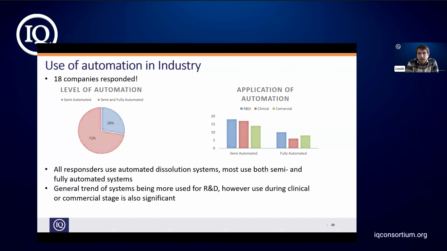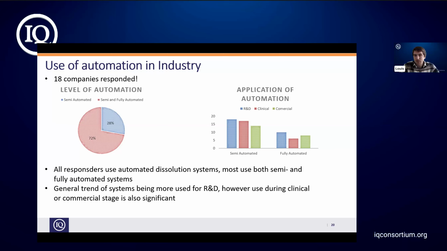I would say that even the use of fully automated systems seems to be quite widespread in the industry. Then if we look at the right graph, that's where we actually asked responders in which phases they apply automation for dissolution testing. And please be careful here, because this is not expressed in percent, but in number of respondents. So the maximum is 18, basically.